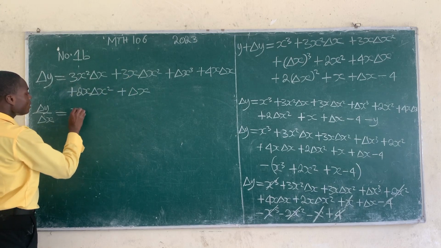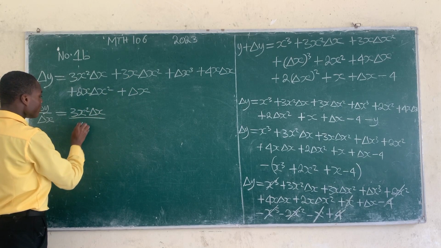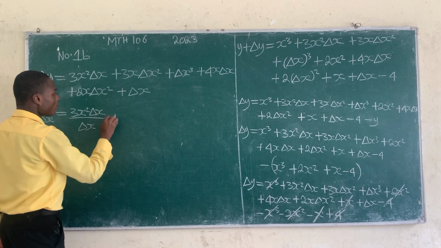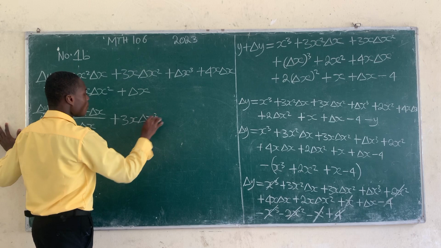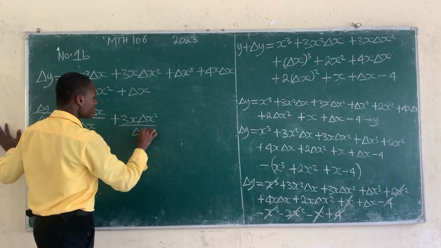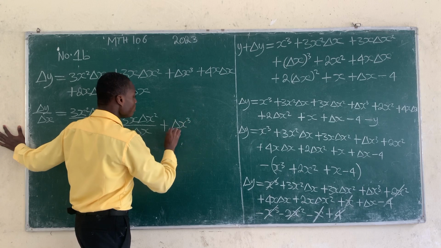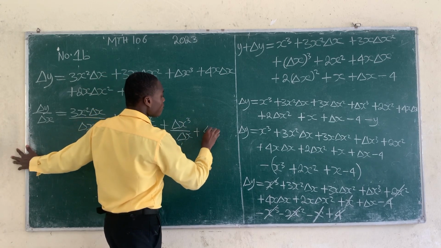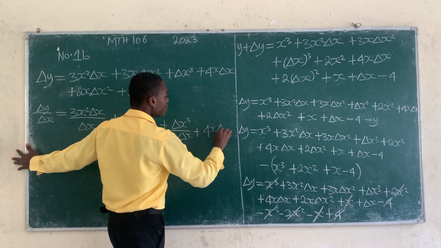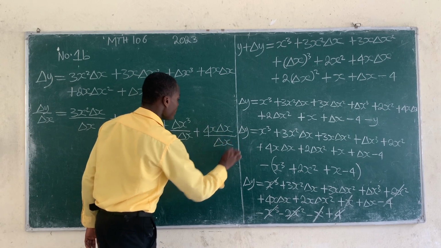So we have 3x squared increase in x over increase in x plus 3x increase in x squared over increase in x plus increase in x cubed over increase in x plus 4x increase in x over increase in x.